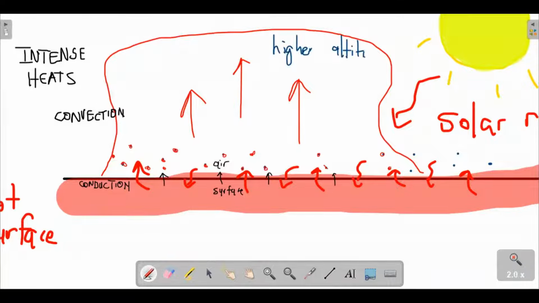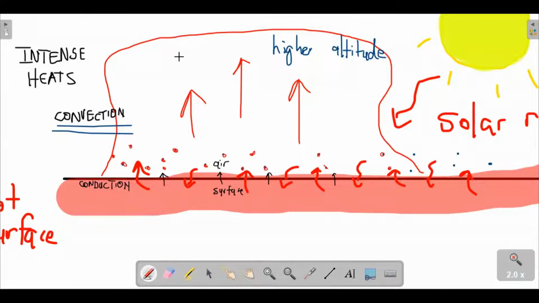This is another type of heat transfer, the vertical movement of air carrying the heat to higher altitudes. That is convection, guys. When we talk about convection, we talk about air that has received heat from the surface and now has energy and then rises up.